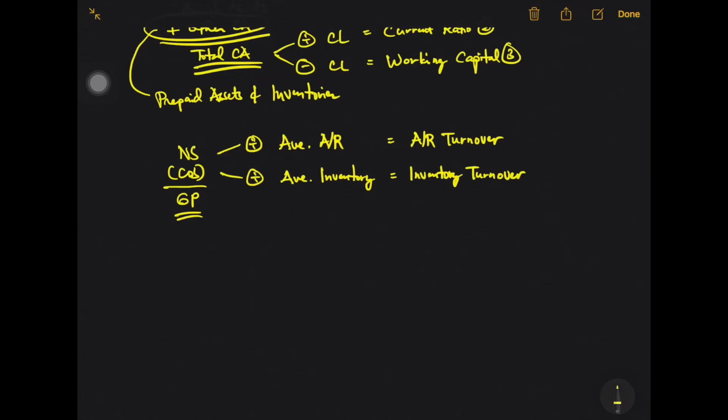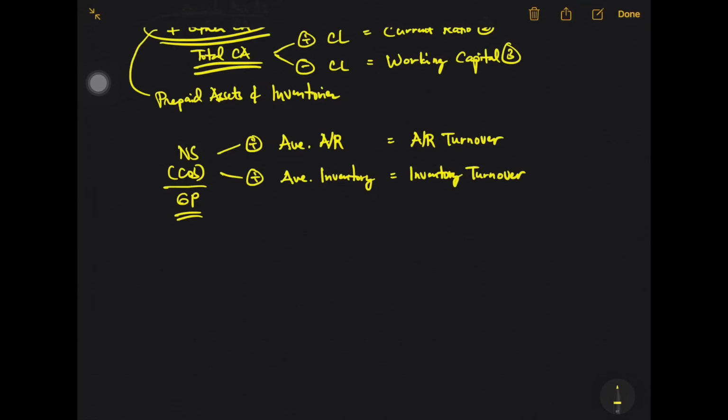So again, more important than the formula is to be able to interpret this. So I'll start with AR turnover. You need to write this down. AR turnover will tell you how many times you were able to convert your accounts receivable to cash per year. So I'll repeat. This tells you how many times you were able to convert your accounts receivable to cash in a year.